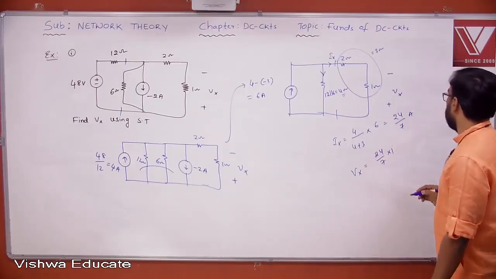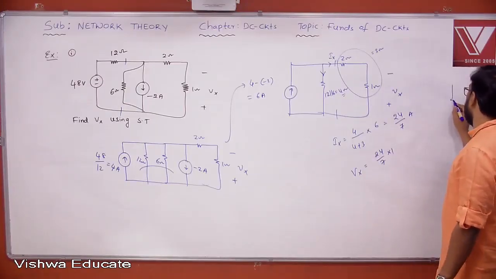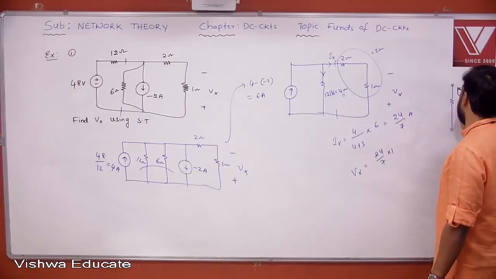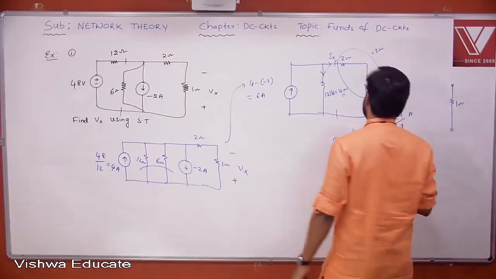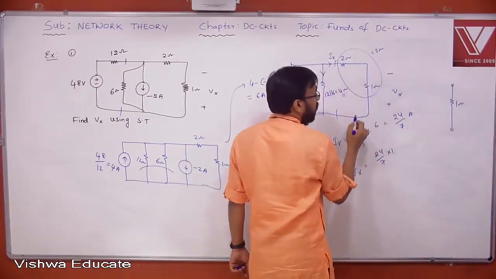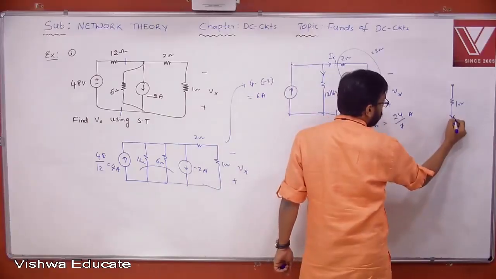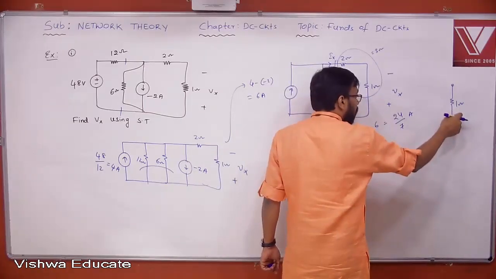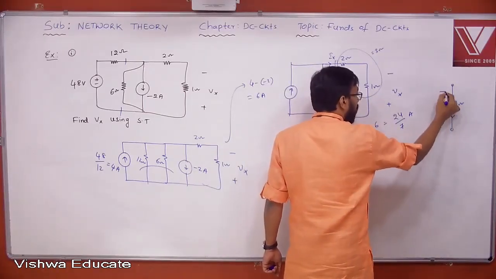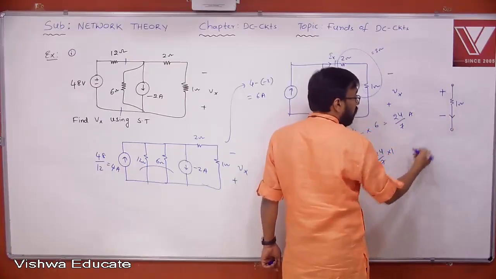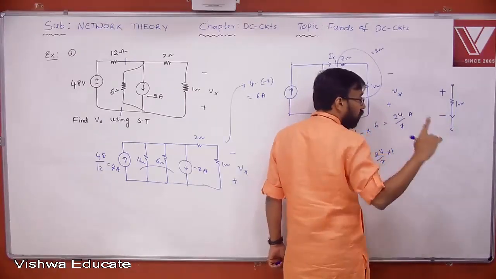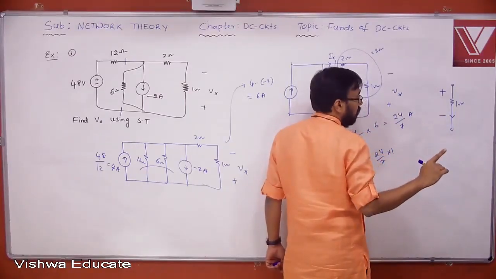Okay. But look at this. This particular element, whatever you are finding the voltage, look at this. What is the current actually flowing here? It is flowing Ix in the downward direction. Because of this current, what are the polarities that you are getting? Plus minus. We call these polarities the actual polarities.